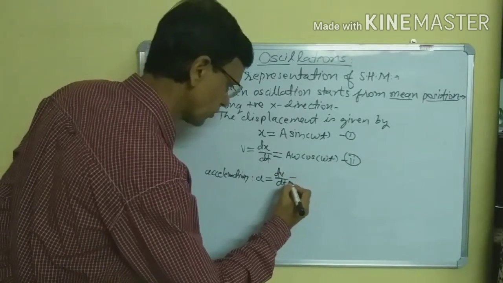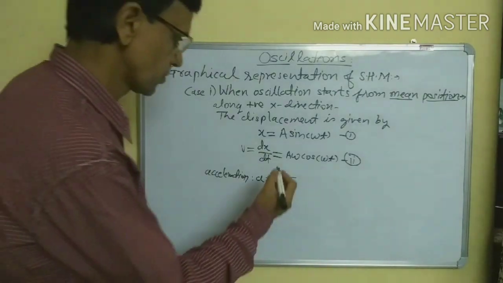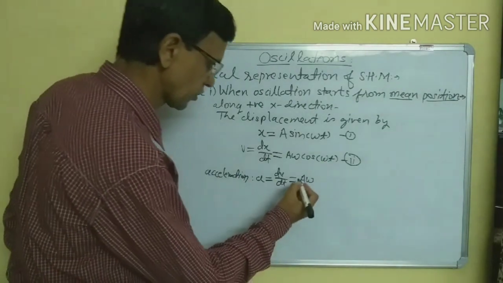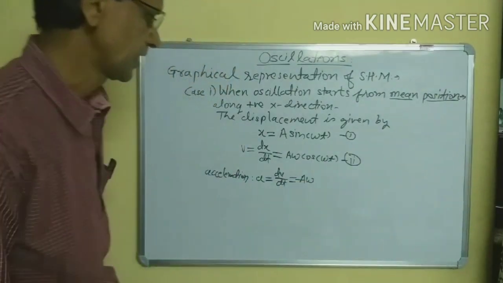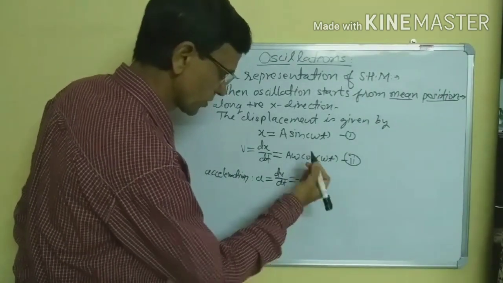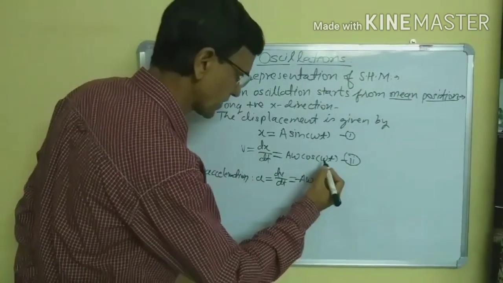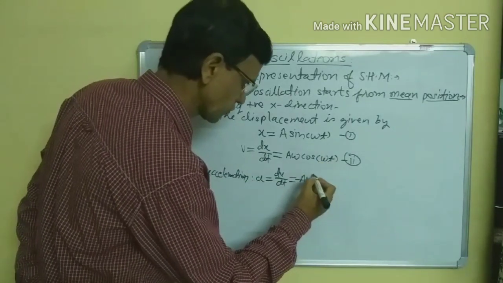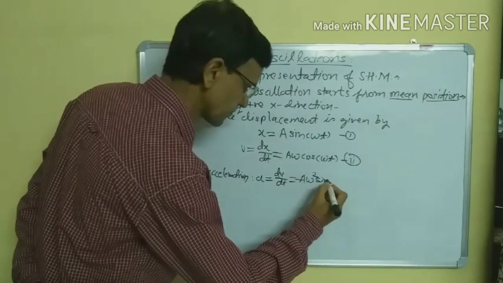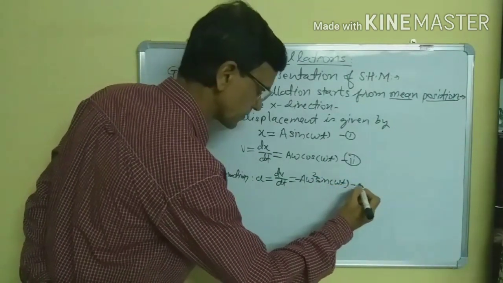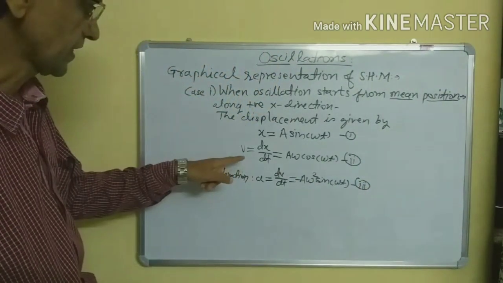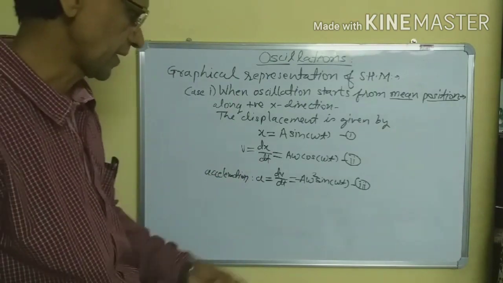So we take the derivative of this velocity. a omega as it is, the derivative of cos omega t is minus sin omega t, so we introduce a negative sign, and the derivative of omega t is omega. Therefore omega multiplied by omega is omega square: A equals minus a omega square sin omega t. So these are three expressions for displacement x, velocity v, and acceleration A.